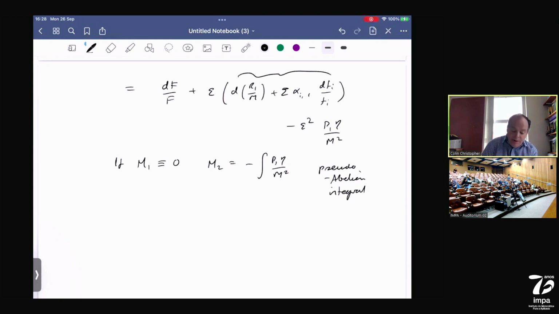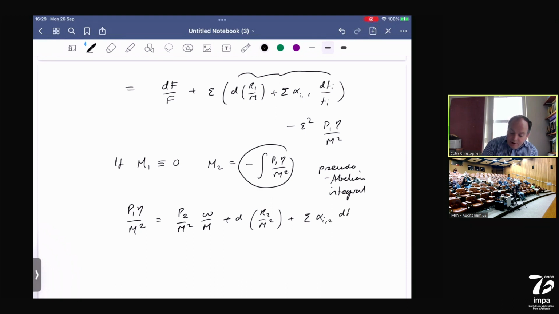So we can now write this as p2 over m squared times omega over m plus d r2 over m squared plus the sum of alpha I2 dfi over fi.